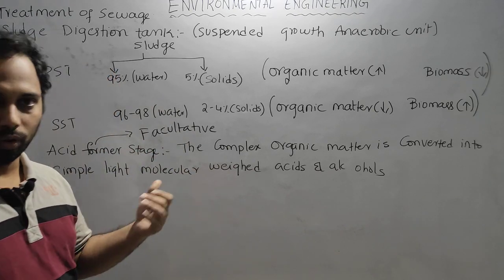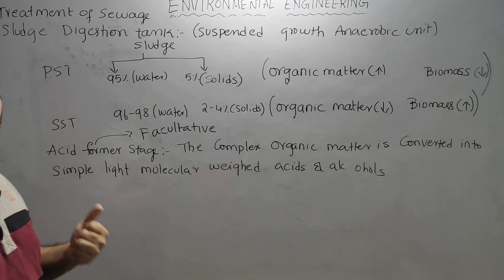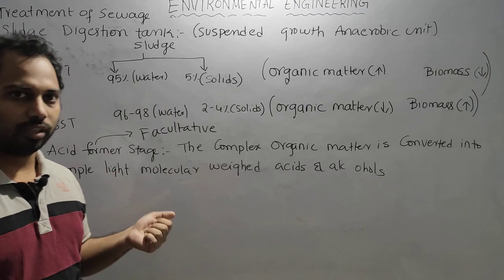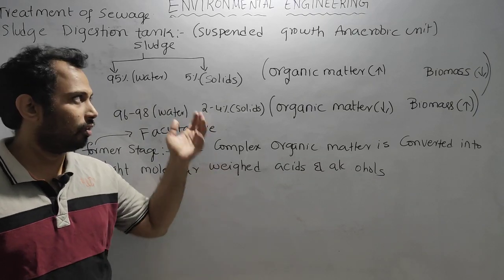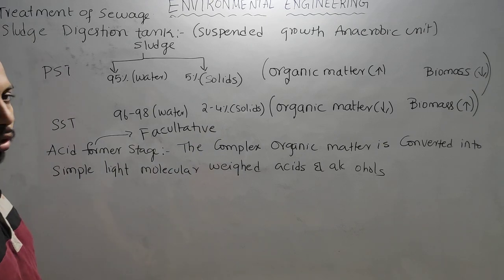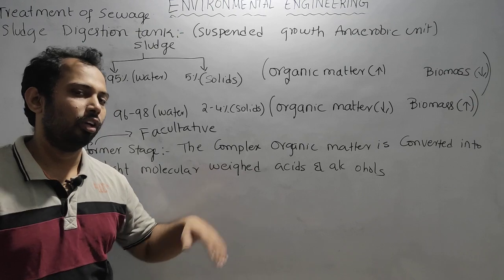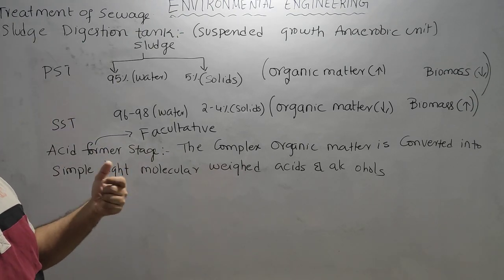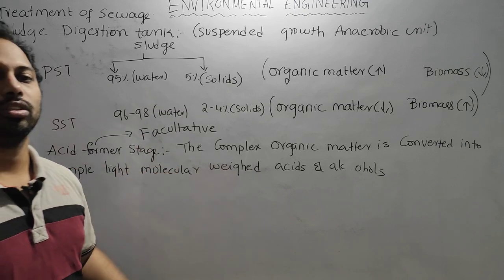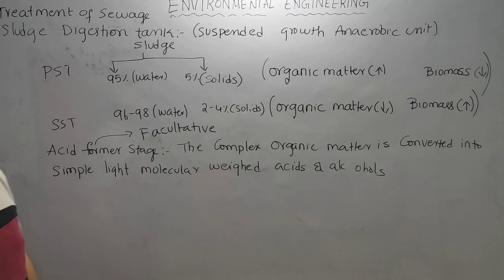What is meant by shock loading is, when we are running a combined system of sewerage, what happens during rains? Suddenly rainwater will also come along with the sewage. Whether you control it or not, rainwater will always enter the sewage. Even if you design a separate system, it is not necessarily possible for all the rainwater to go into the storm drainage only. If the rainwater is very excessive, it may enter the sewage also.